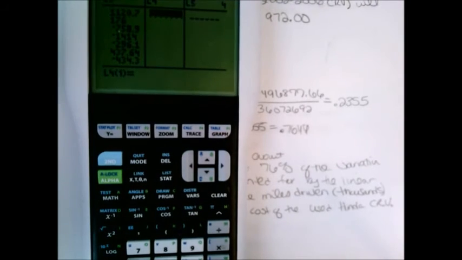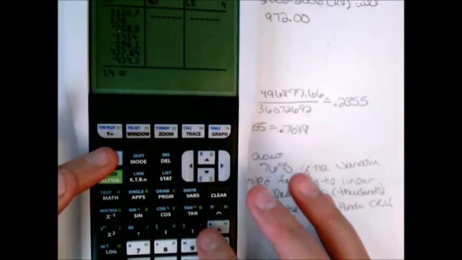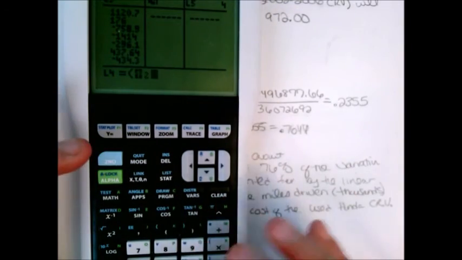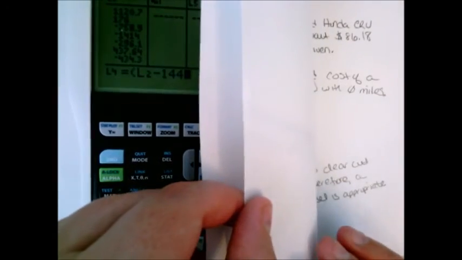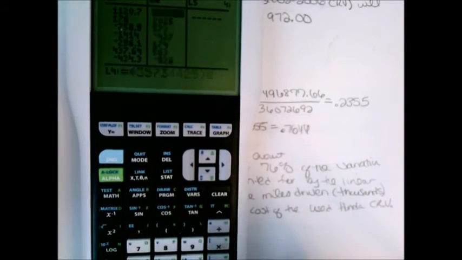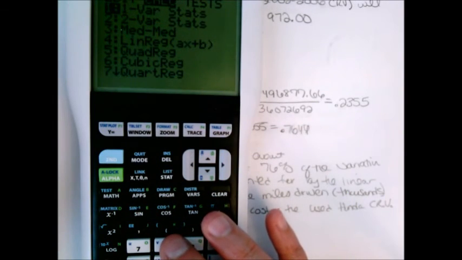Your SST value is the variation of your Y's. To let the calculator do that, you're going to tell it to read the Y's, which was your L2, minus your mean, which was 14,425. Hit enter. Now I'm going to tell the calculator to read Stat Calc 1.